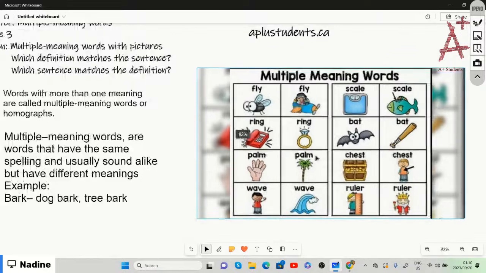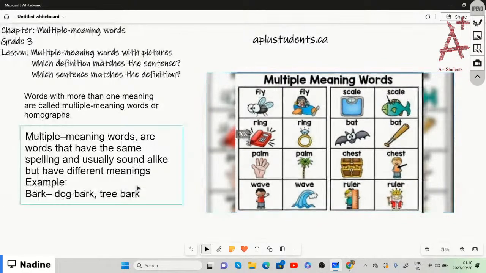And then we have a ring, which is either a friendship ring, an engagement ring, a marriage ring, or just a normal ring, a piece of steel object with a little diamond on. Then we have palm. The one meaning of palm is the palm of your hand, and the other one is a palm tree.